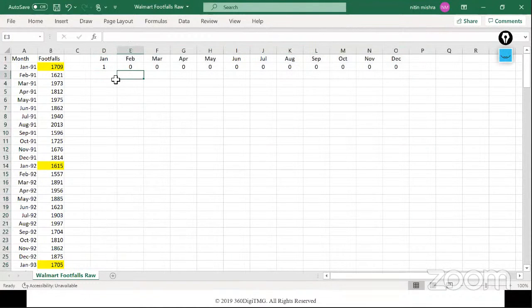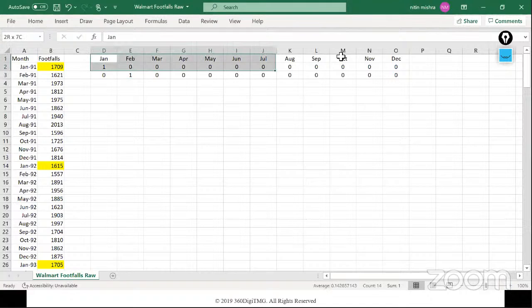If this is February month data, then this is what it means. So when I build a model with these values as input, I'll be able to tell the relationship between Jan to Jan, Feb to Feb, March to March, April to April, May to May, and so on. Is it making sense? Do you understand the concept here?